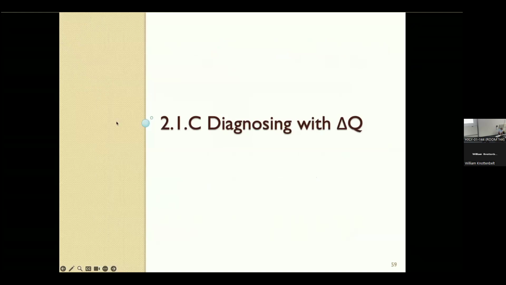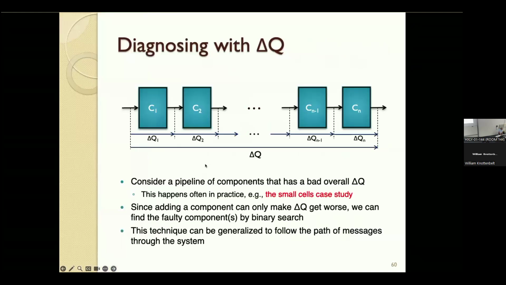Now, a final point: this is design. You can also diagnose with ΔQ. In order to be complete, this corresponds again to the small cells case study. If you have a pipeline of components, a lot of components connected together, similar to the small cells case study, and the overall ΔQ has a problem, it's bad in some sense, then you can do a kind of binary search.